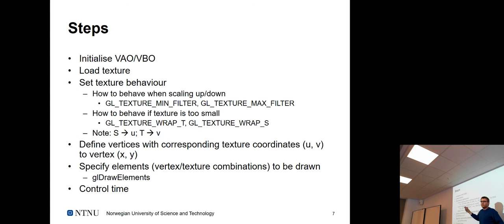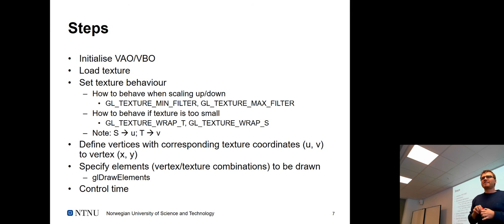So we have our vertex representations that we want to work on, our surface, and basically the geometry we want to be dealing with. Then we also need to load the texture. Then we need to link the vertices with the texture coordinates.